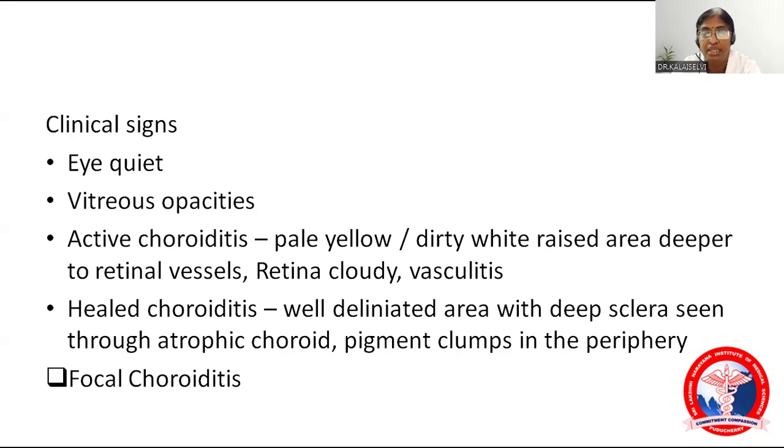But if the choroiditis involves the central posterior macula, then definitely they will have profound defective vision. In a healed choroiditis, we see a well delineated area where, because of the atrophy of the choroid, you see the deeper sclera, white, seen with peripheral pigment clumps at the peripheries. So this is the clinical picture.